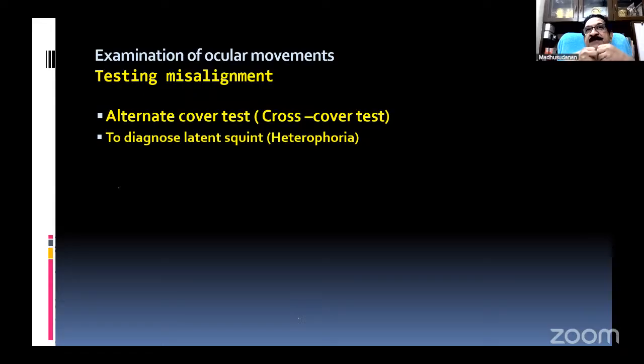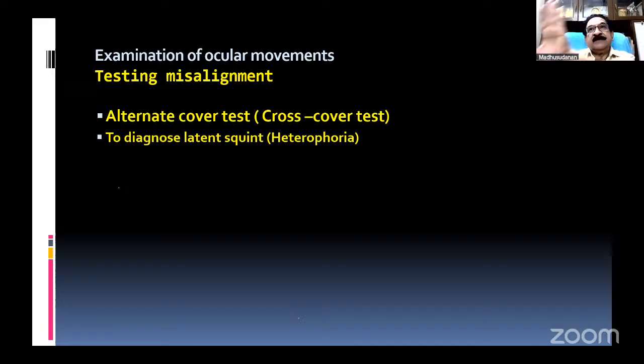Because stereoscopic vision requires images falling on both eyes, the eyes should be parallel. So even if one eye is slightly deviated, your convergence system will come and make the eyes parallel. So your mild squint may not be seen outside. To detect that, the latent squint or heterophoria, you need the cover and cover test.